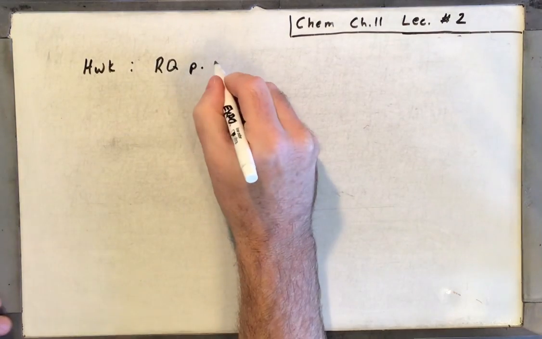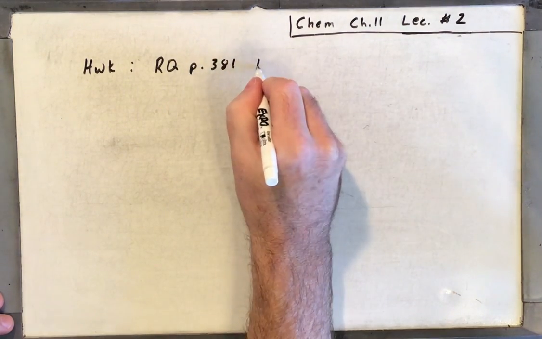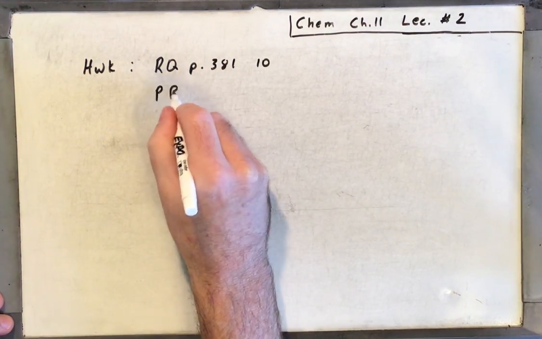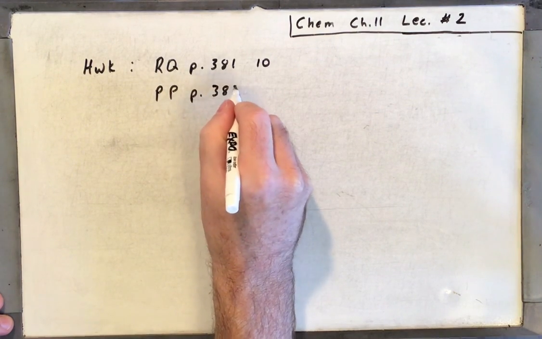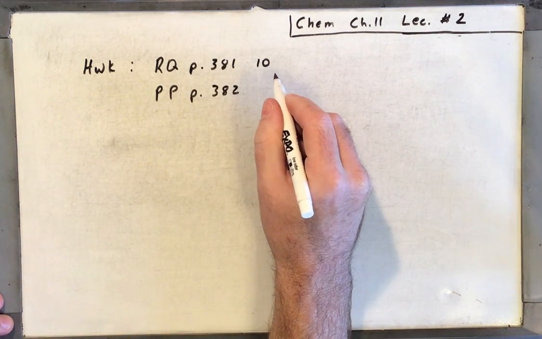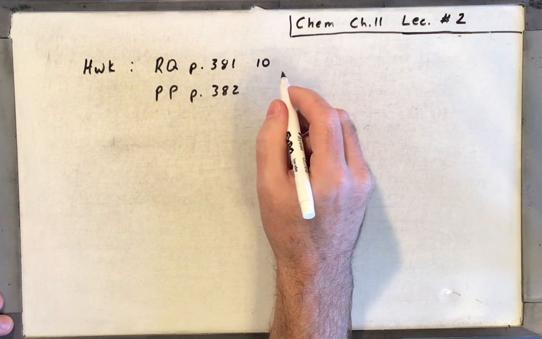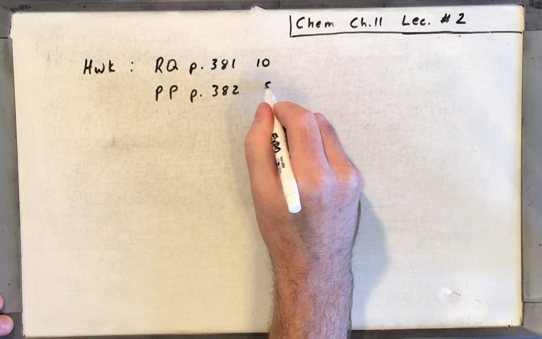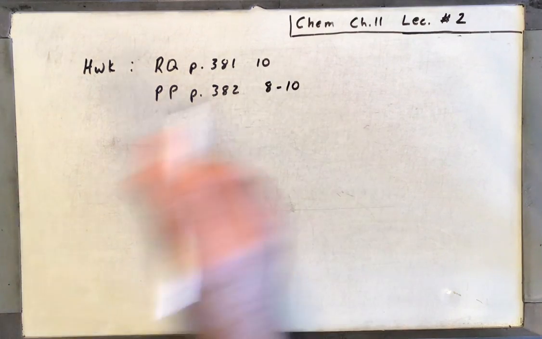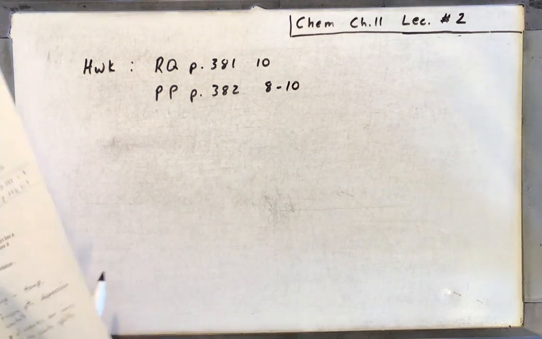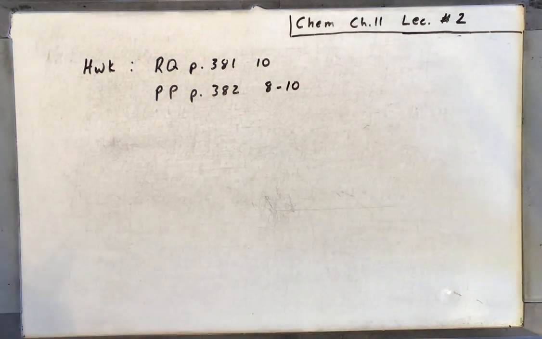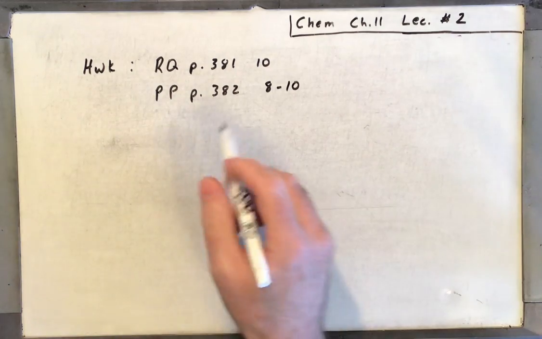You can do number 10 and practice problems, page 382. You can do 8 through 10. We did through number 7 last time. I'm just going to make sure on this. Yep, that is right. 8 through 10.